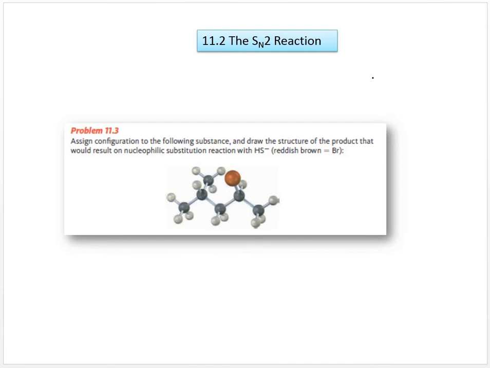For this type of question I always prefer to draw a skeletal structure, and since here we have a chiral carbon having the leaving group, bromine, I would like to draw a 3D representation of the chiral center with the skeletal drawing. So 1, 2, 3, 4, 5. This is a pentane, and the second carbon and the fourth carbon have substitution. So let's draw this way. Let's draw a little bit better.